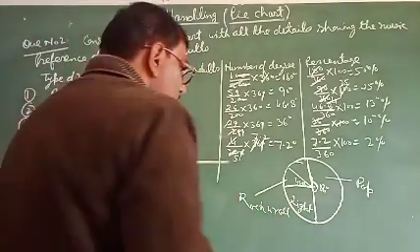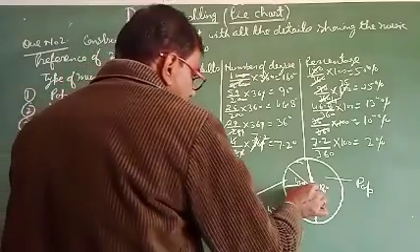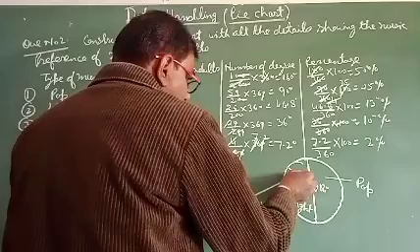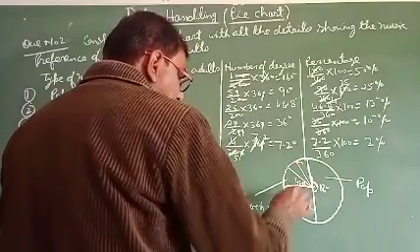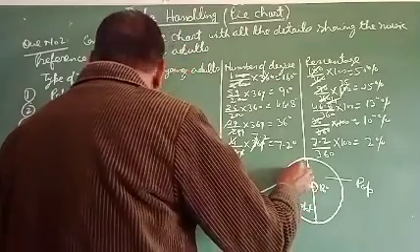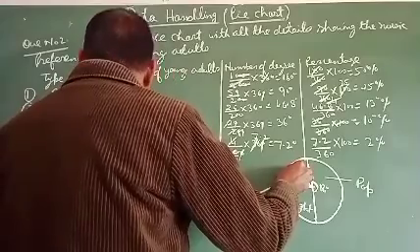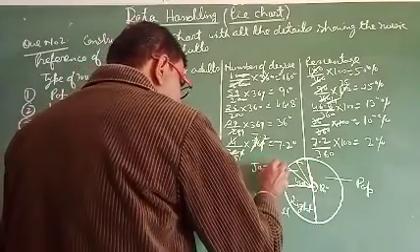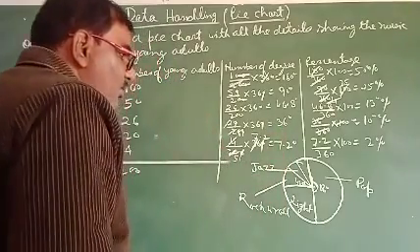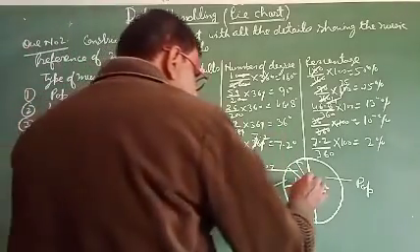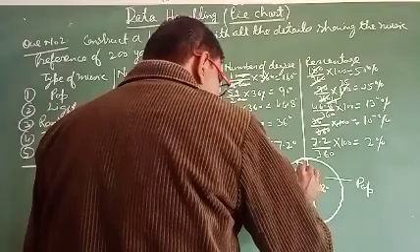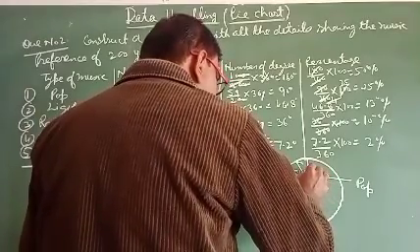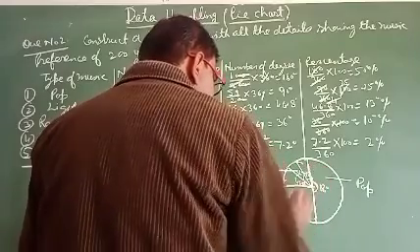Now, after this, we make 36 degrees, and this part shows jazz music. After this angle, this is 36 degrees, and this is 7.2 degrees.